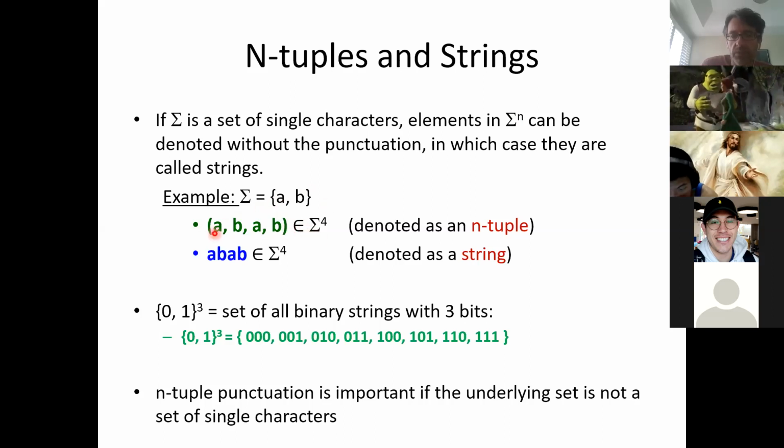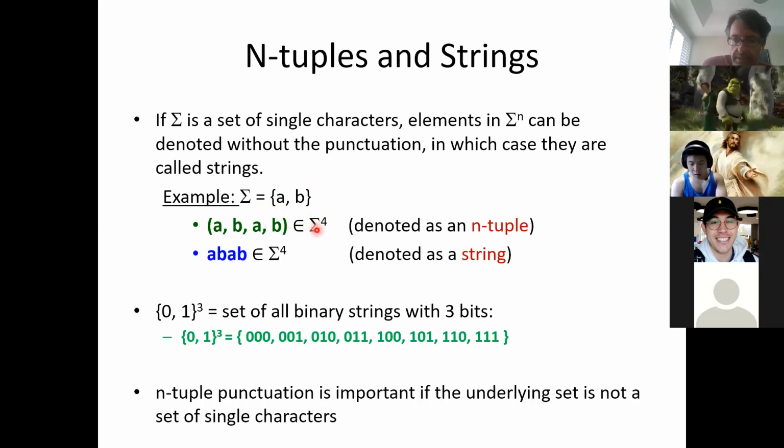And how many sequences are here? 16, right? Because there are 2 possibilities for the first, 2 for the second, 2 for the third, 2 for the fourth. And by the way, this is why it's a good notation. It looks like exponentiation, because the cardinality of this is indeed the cardinality of this alphabet to the 4th power.